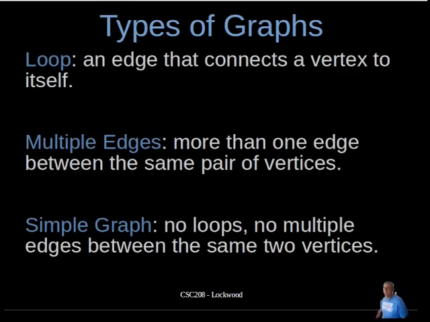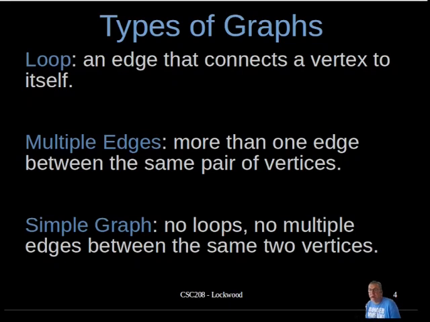Let's talk about some other types of graphs or qualities of graphs. A loop is an edge that connects a vertex to itself. We see this often in communication graphs where we're actually modeling real communication networks that do have loopback circuits. It's possible for a graph to have multiple edges between the same pair of vertices.